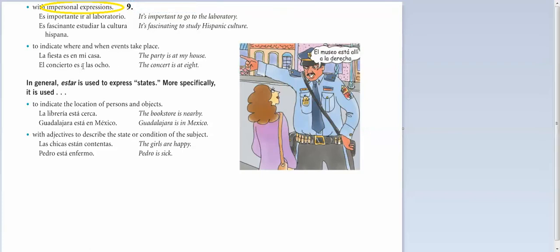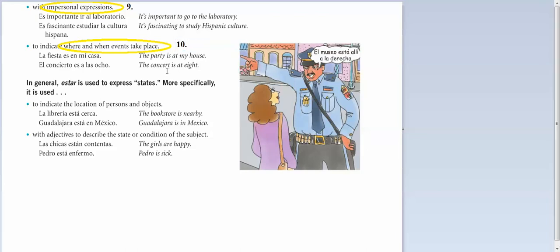Okay. To indicate where and when events take place. So where and when an event takes place is going to be ser.